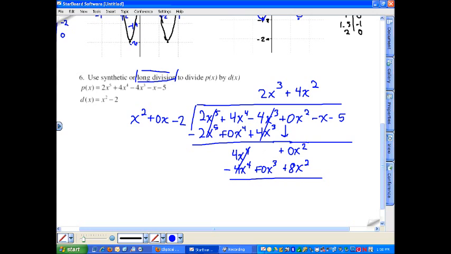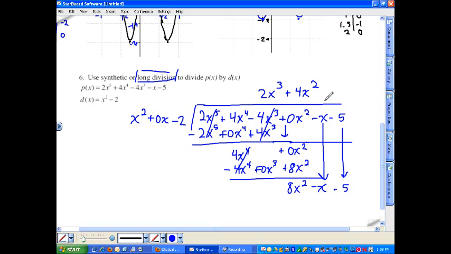That cancels. There's nothing here to add. Here we have 8x squared. Now the division is only going to occur one more time because we have an x squared going into an x squared. So this is the last time we're going to have to perform the division, because once we reach a degree less than the degree of the divisor, we can stop. But since we have two more terms here to drop down, I can drop down both of them.